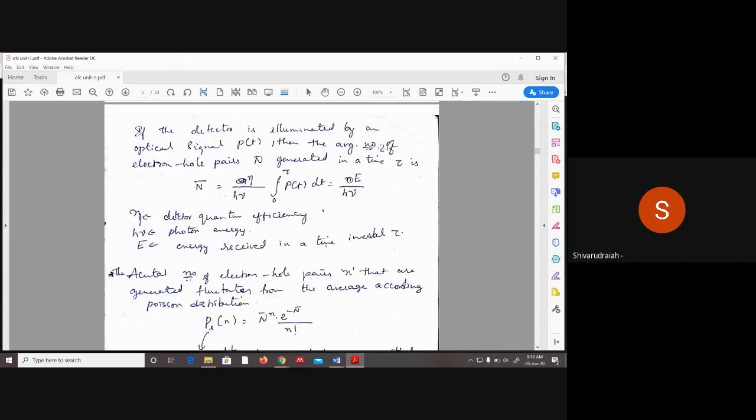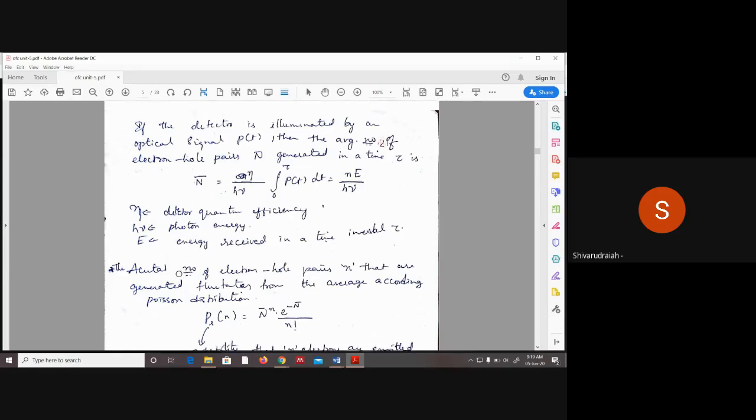Eta is the quantum efficiency of the photodetector, and E is the energy received by the photodetector at time interval tau, divided by the photon energy, h nu. These electron hole pairs are generated whenever the photodetector is illuminated by the light signal. How many such electron hole pairs are generated on average is defined by this expression: n bar is equal to eta into E divided by h nu.